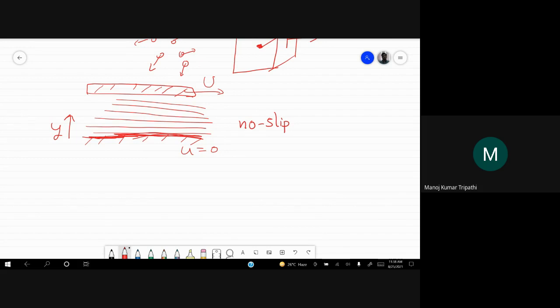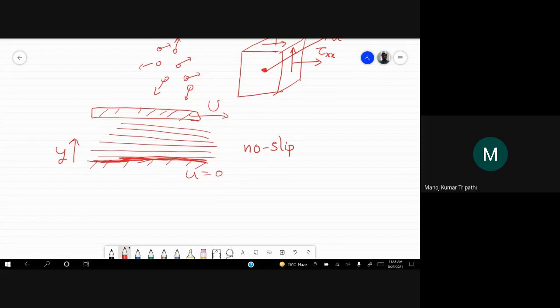That is no slip condition. This has been observed. This cannot be mathematically derived. This has only been observed in experiments. Similarly, at the top plate also, the layer that is exactly touching the top plate, that has no slip condition, so that is moving with velocity capital U.